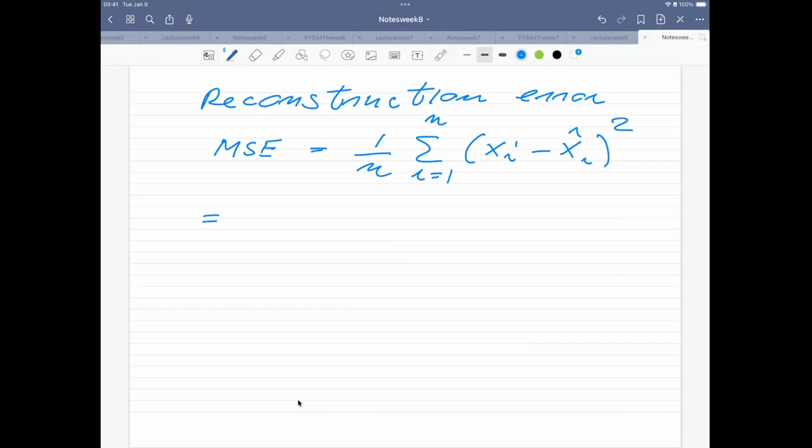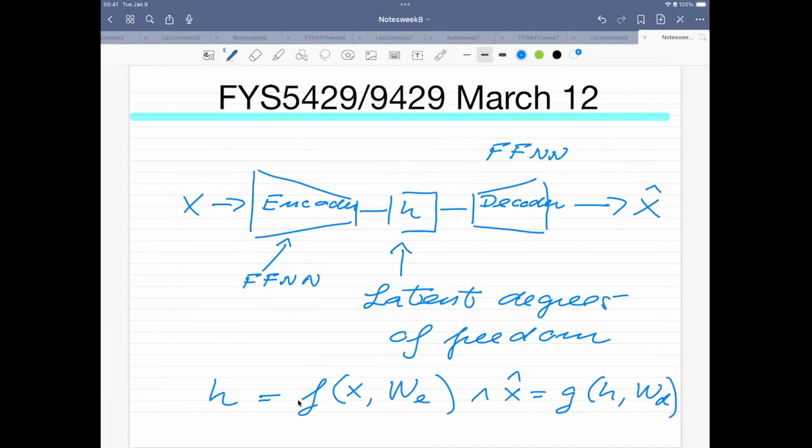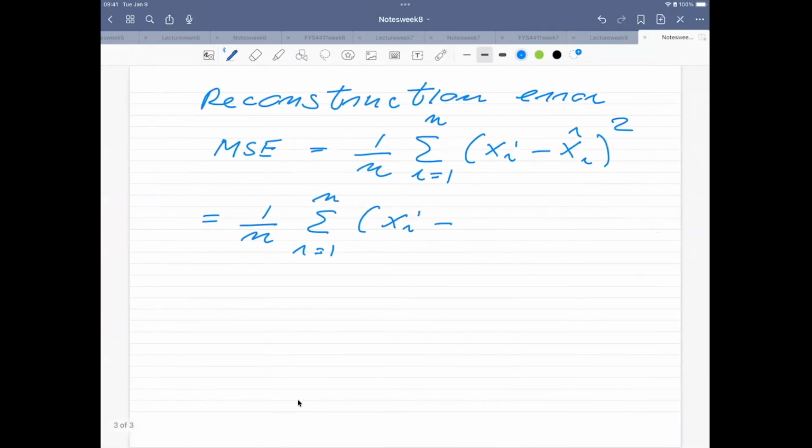And the way we would write it is as 1 over n, and then I have the sum i equal 1 up to n. And then I have my x of i, and this is given by minus, and then I have these functions. If we now go back here, we have a function g and a function f. So it means that there's going to be a function g here, which then again is a function of f.